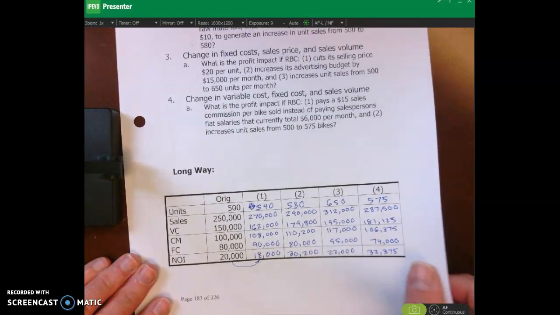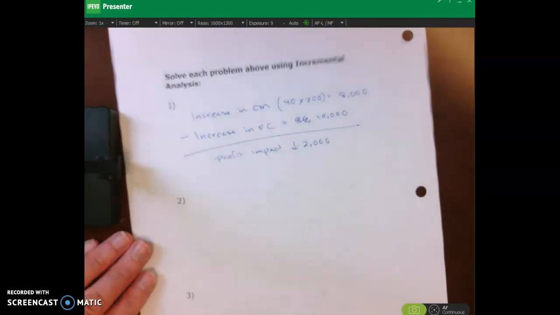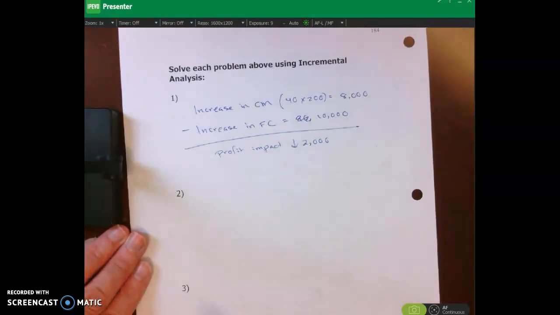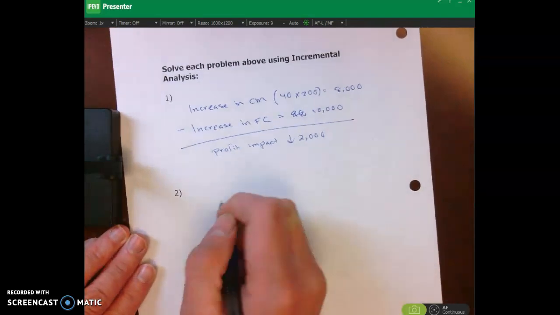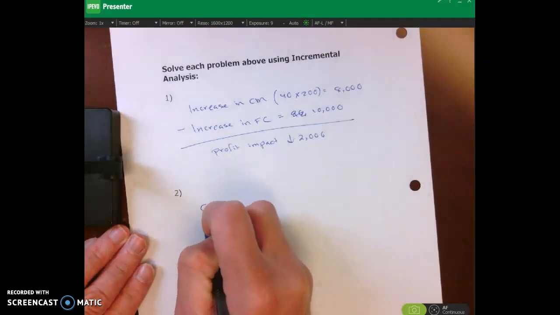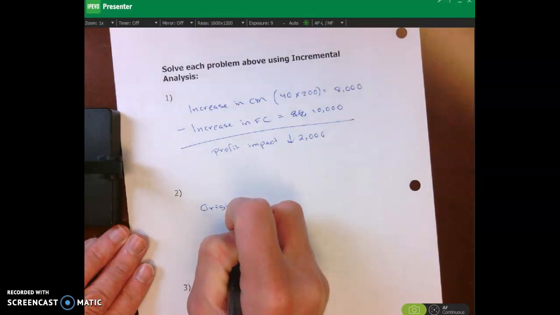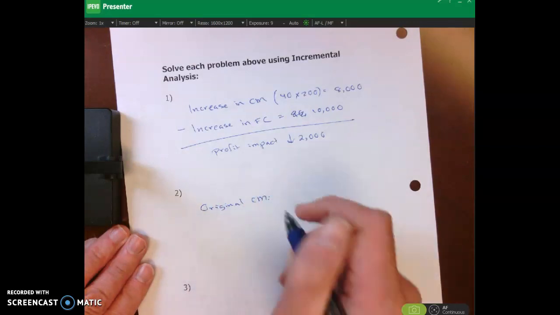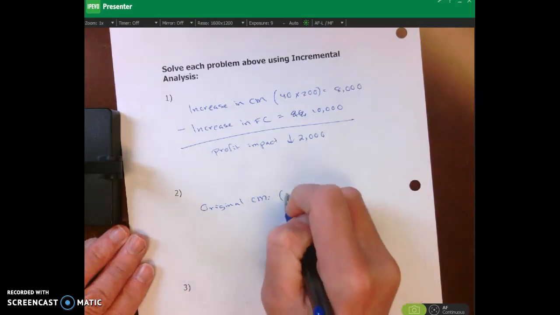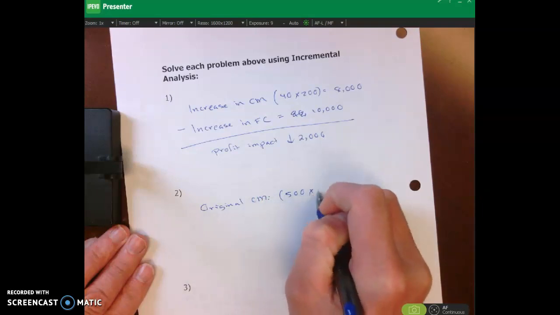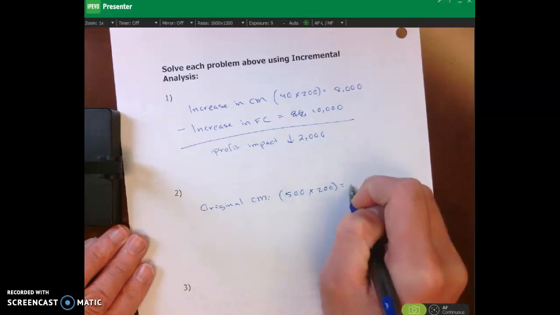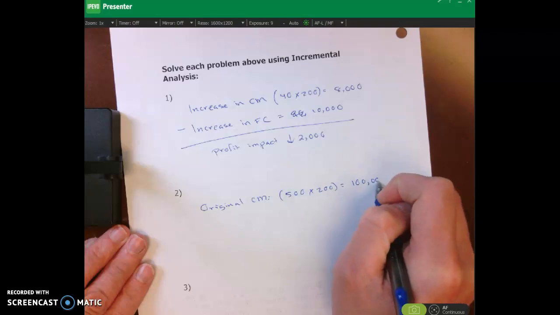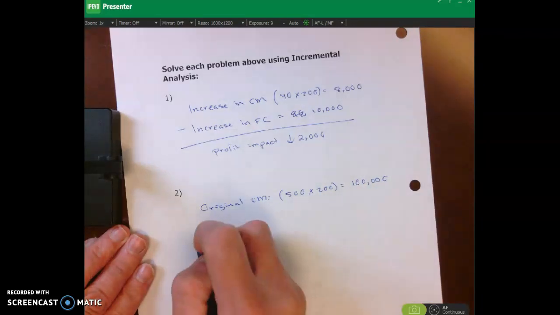Okay, let's do number 2 together, and then I'll have you do numbers 3 and 4 on your own and check your work. So with number 2, I'm going to say original contribution margin, which is equal to our 500 units times our $200 a unit. This is from the prior page, gives us $100,000.